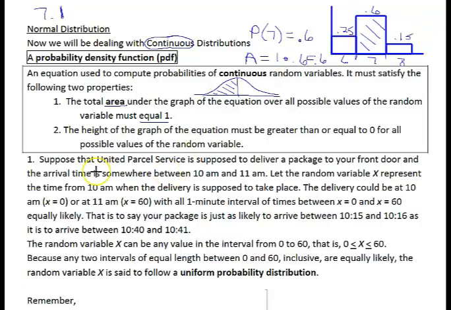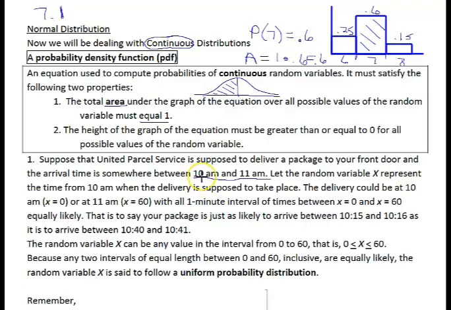Okay, so here's our first problem. It says, suppose that UPS is supposed to deliver your package between 10 and 11. This is a continuous situation, because remember, continuous means it's not countable. It's got the decimals in there.